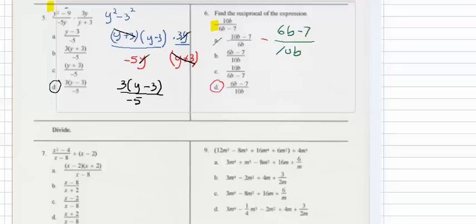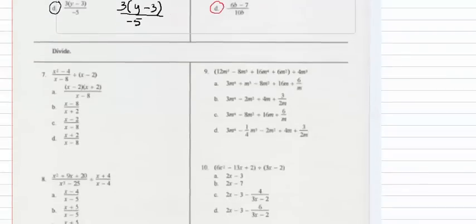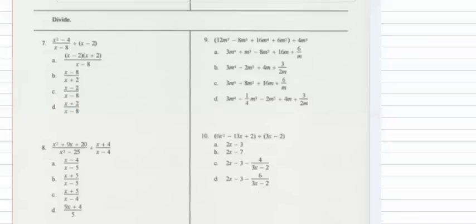Alright, so now number 7. Let's move this down some. Right, so we're going to look at number 7. I look at the top of my fraction, which is right here. This one is where I'm focusing right here.